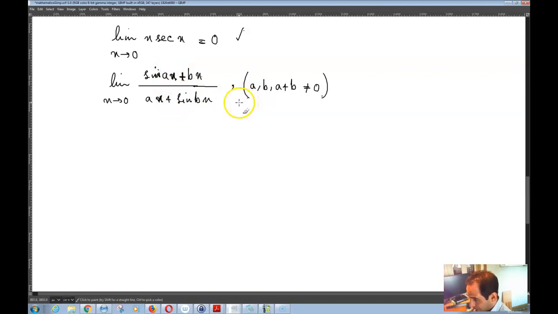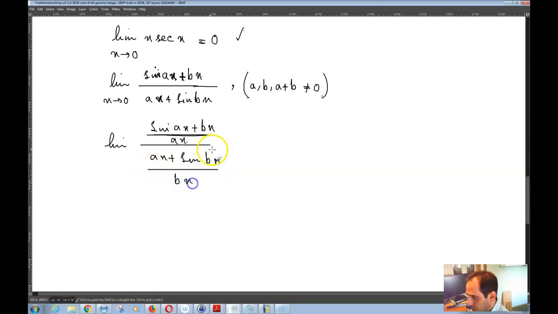Now, in order to solve this problem, what you can do is write this as the limit of sine ax over ax plus sine bx over bx as x tends to 0.